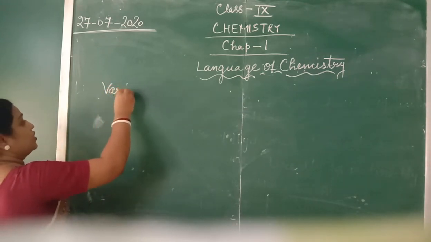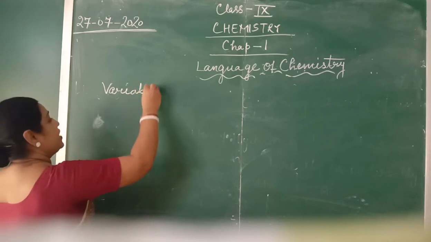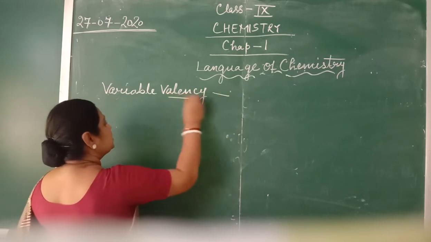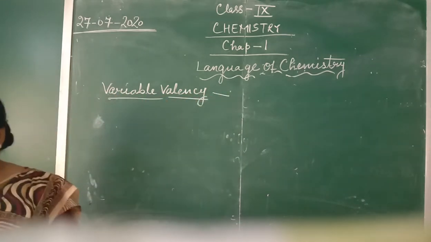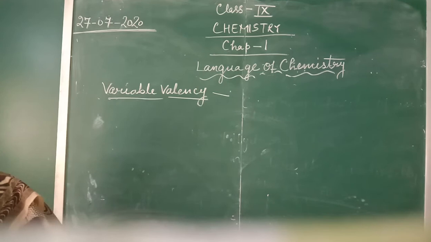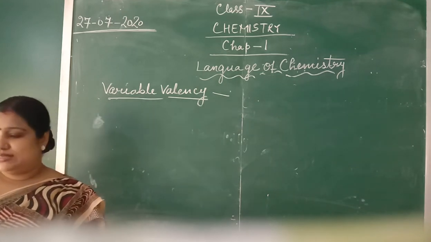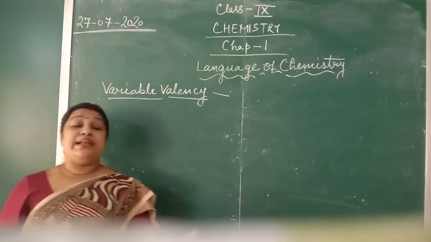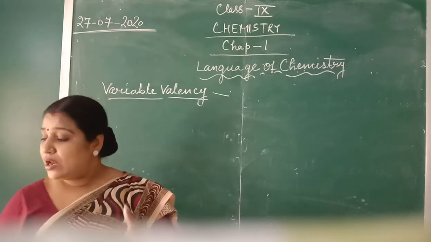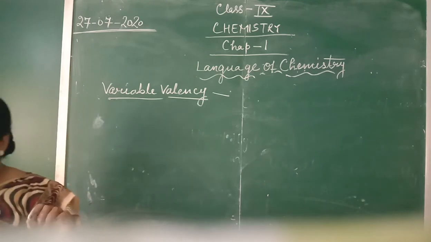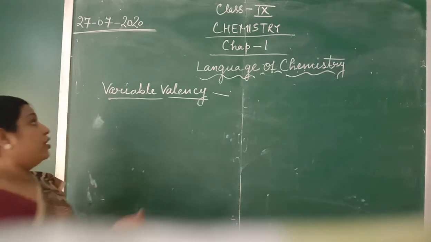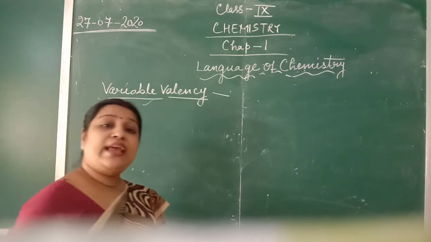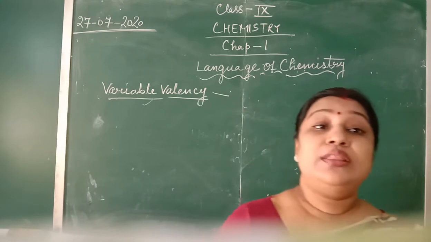Now one more concept: the variable valency. It has been found experimentally that some metals exhibit more than one valency, and those metals are said to exhibit variable valency.